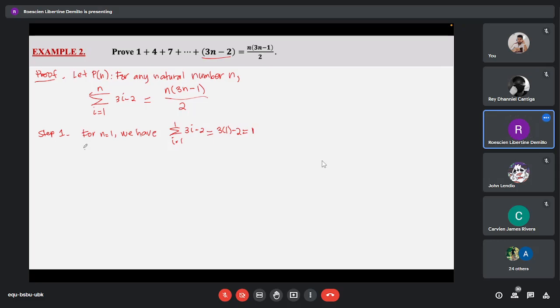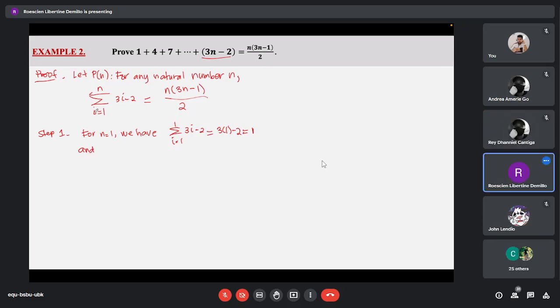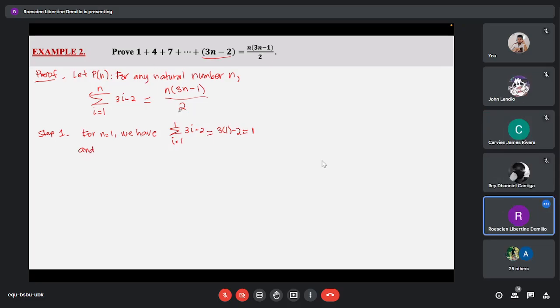And so, we have solved the left side. Let's also solve the right side. n times 3n minus 1 over 2 is equal to, we substitute our n, which is 1. So it becomes 1 times 3 times 1 minus 1 over 2.